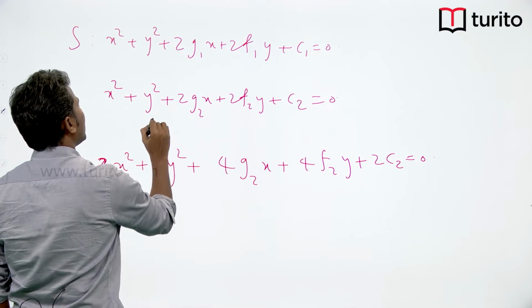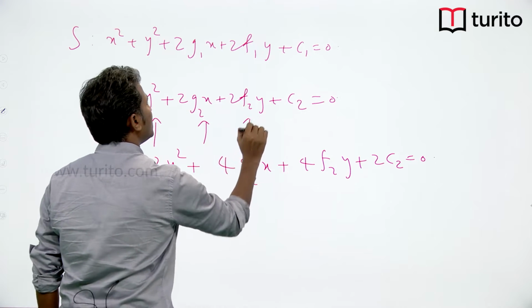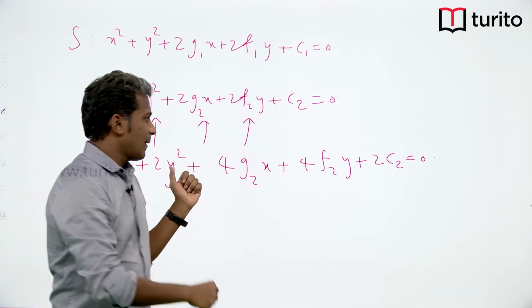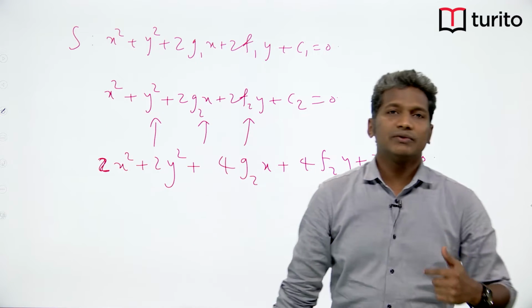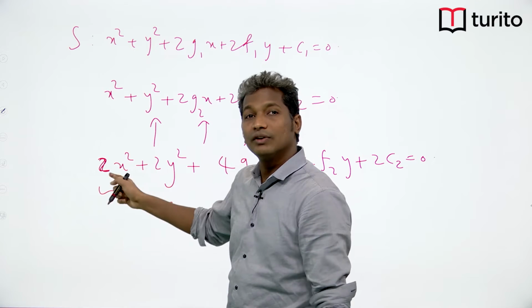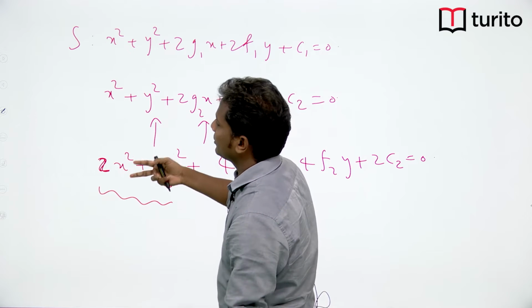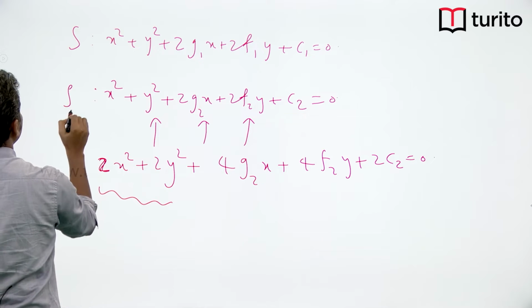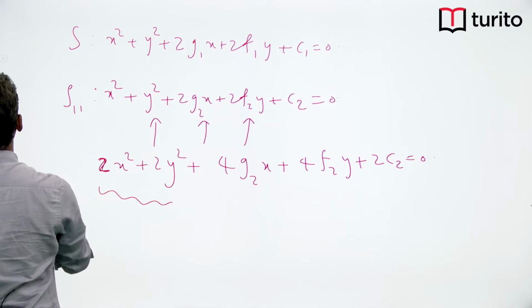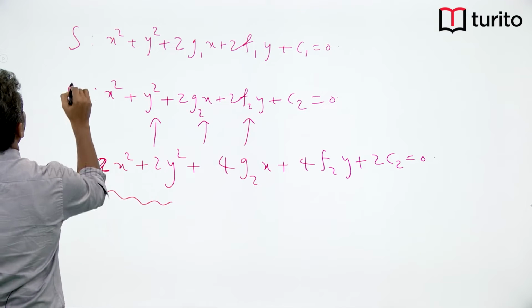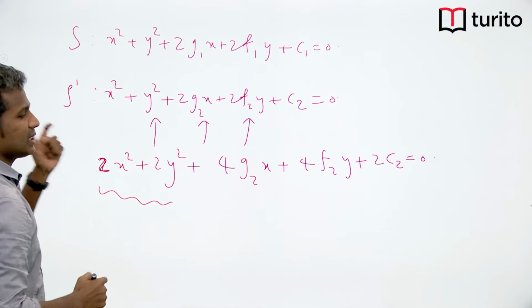Now, how did we arrive at this standard form? By dividing the entire equation by 2. So, when I divided this equation by 2, the leading coefficients of x square and y square have turned out to be 1. Now, this is in the standard form. We can take this as S'.